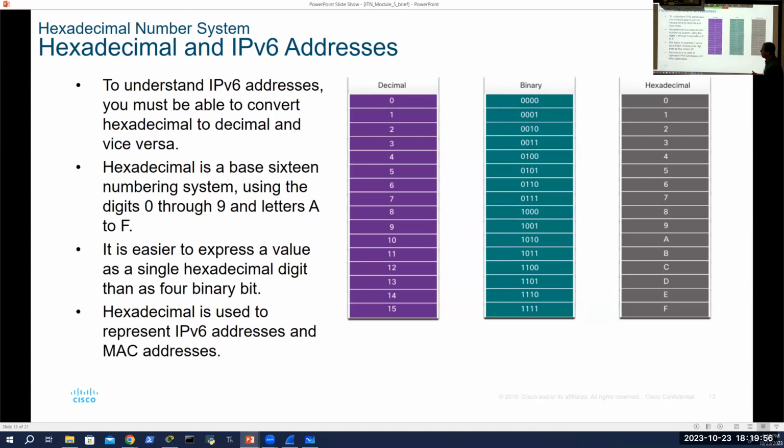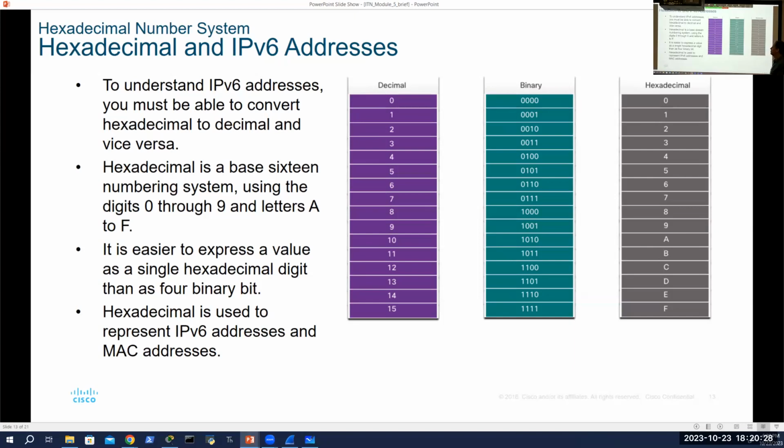IPv6 addresses are expressed in hex. That's another reason to know hex a little bit. There are only a few places in an IPv6 address where you might need to decode the hex to binary. Some of the fields in the address have some meaning, primarily in things like multicast IPv6 addresses.